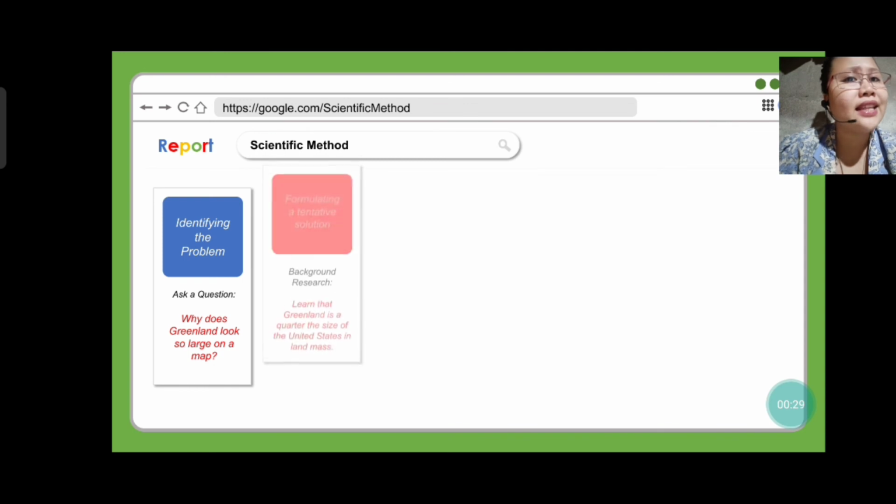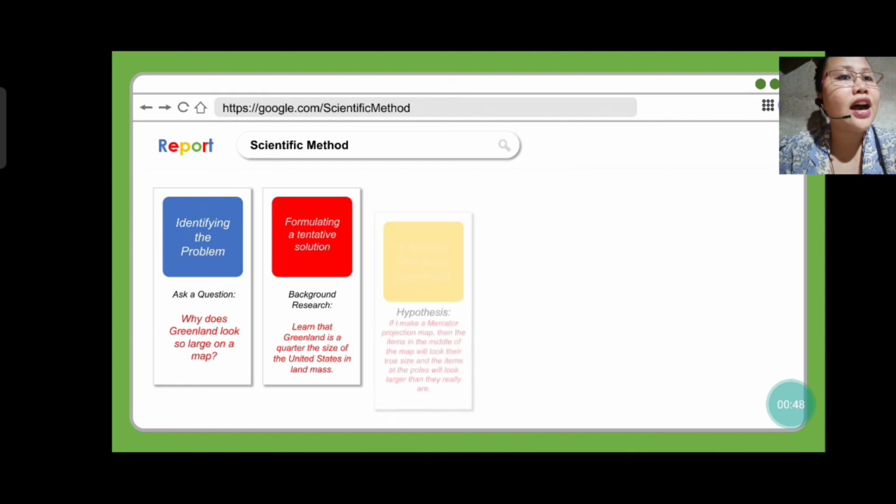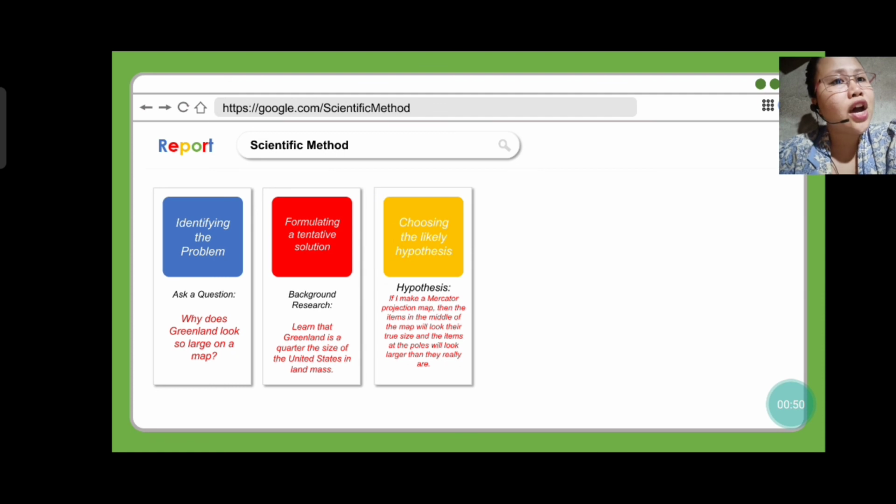Then we proceed to formulating a tentative solution. For our background research, we learn that Greenland is a quarter the size of the United States in land mass.